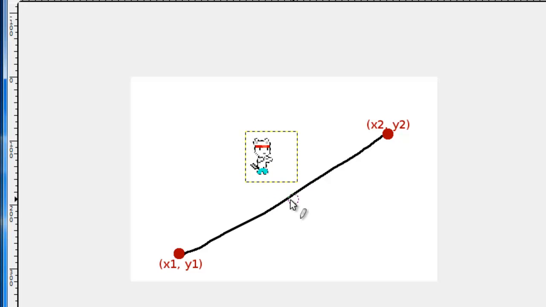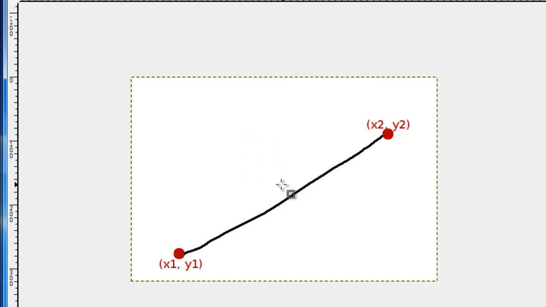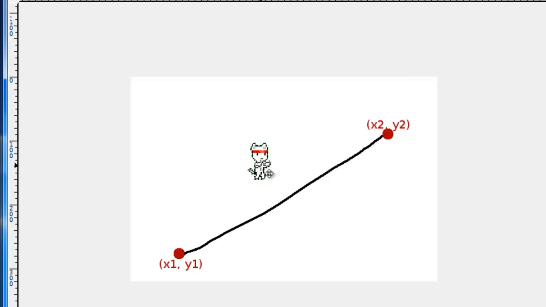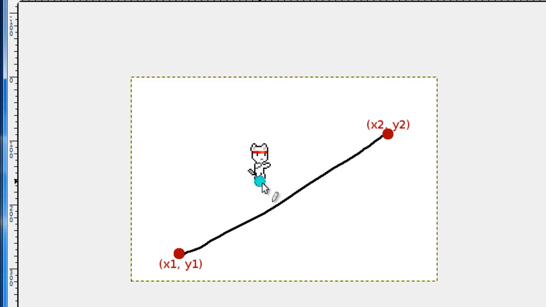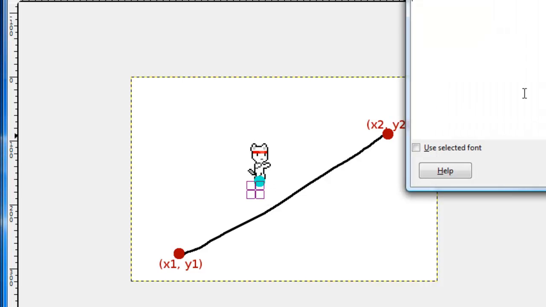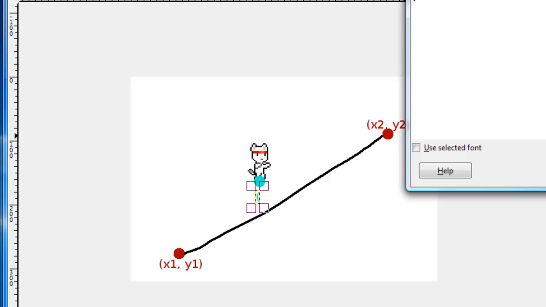Right there, his feet. I guess we should create a new layer for this. Let's say his feet have coordinates B1 and C1.